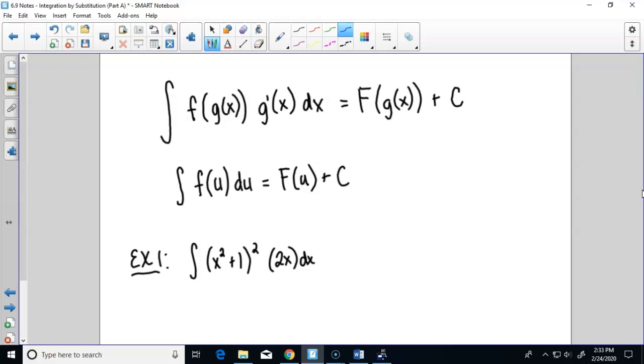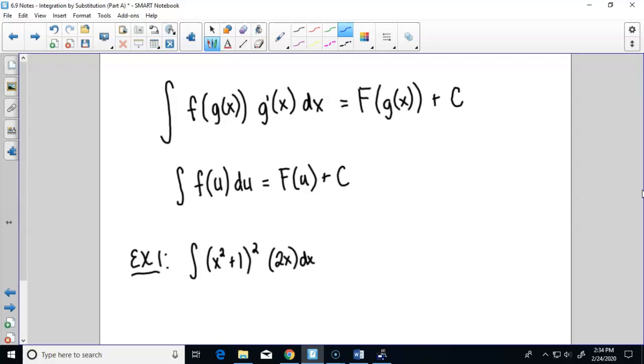The first thing I could tell you is that for this, you could expand all of this out. So you could do x squared plus 1 squared and then multiply it by 2x. That wouldn't actually be terrible. And then you could integrate whatever you get there. But I'm not trying to teach you how to do that necessarily. You should already know how to do that. So I just chose this as a very sort of simple example of a u du substitution.